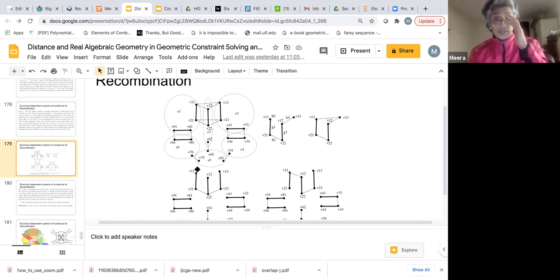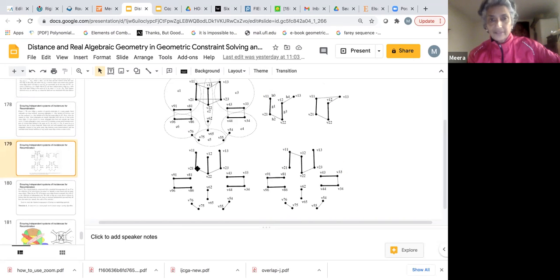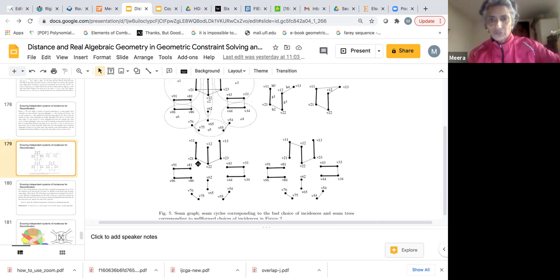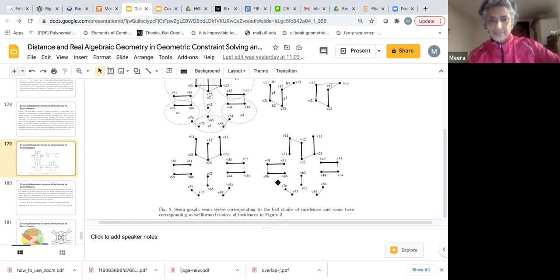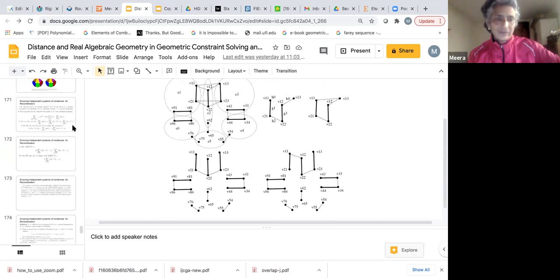So in this case, we have the situation of bad and good choices of incidences. You will see here that seam cycles correspond to the bad choice of incidences. So this was this example.